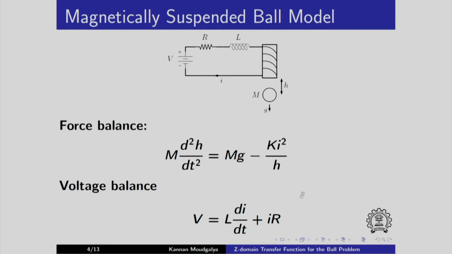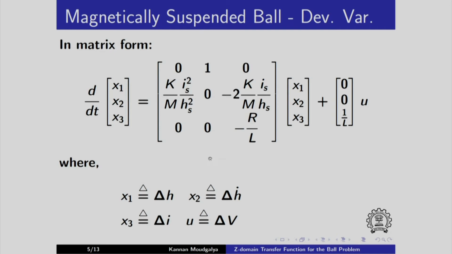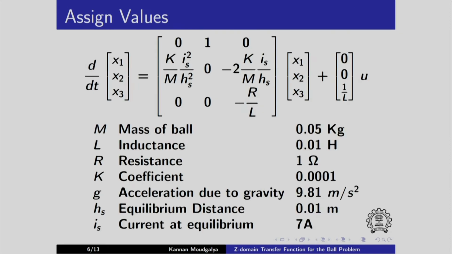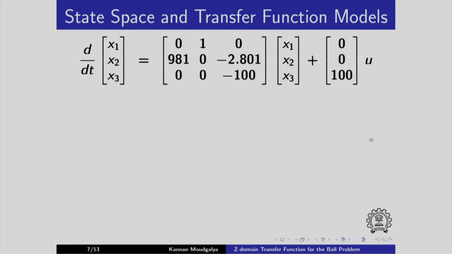We have force balance and voltage balance, and we stated that in matrix form with the following deviation variables, and then we assigned values for various parameters. With this we obtained this state space equation.